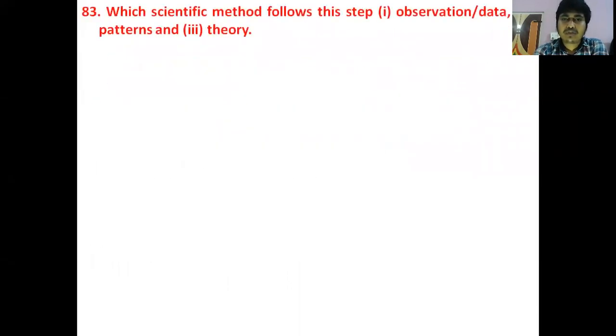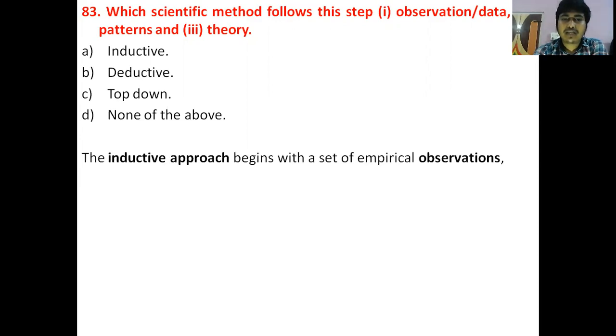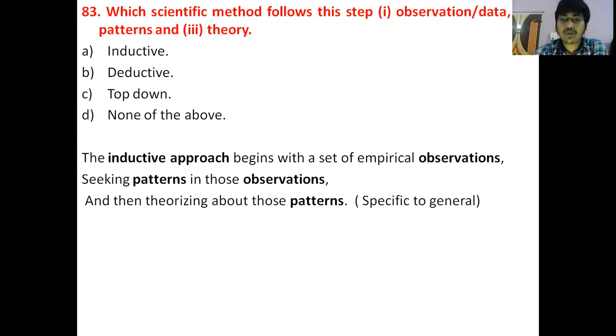The next question is: which scientific method follows the step observation, patterns, and theory? Inductive approaches, deductive approaches, top down, and none of the above. Inductive approaches begin with a set of empirical observations and seek patterns in those observations and generate a new theory.